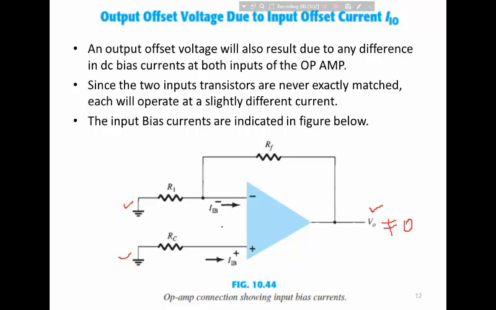So why is this output not equal to 0? This is because of the input offset currents that flow into the input terminals of the op-amp. Ideally these currents should be 0 at both input terminals of the op-amp, but a practical op-amp has a certain finite non-zero current that will flow into the op-amp terminals.